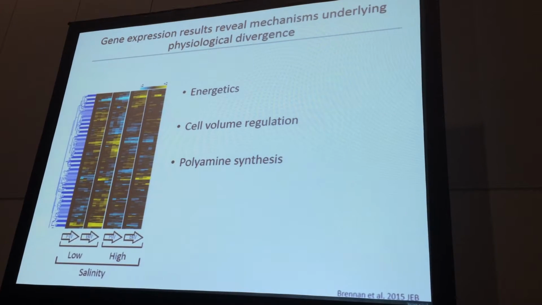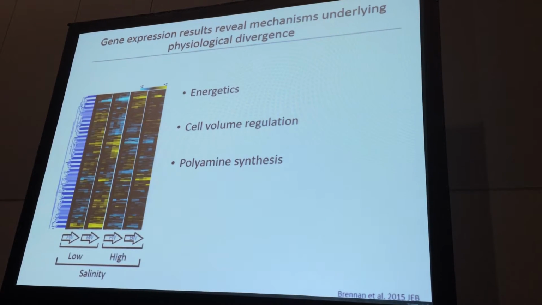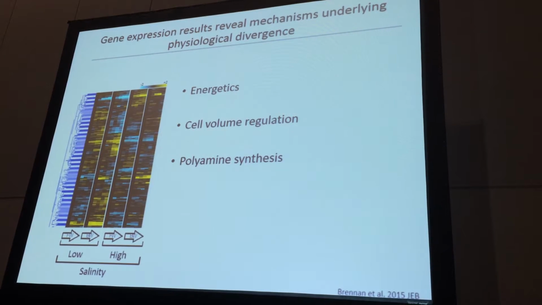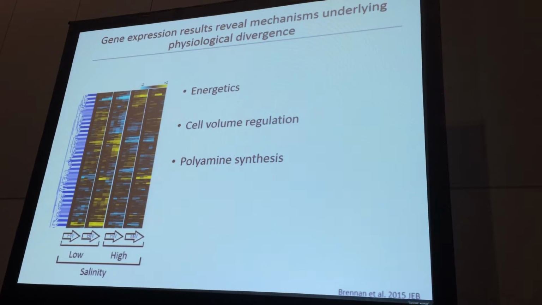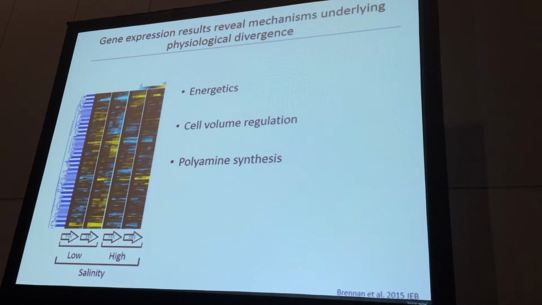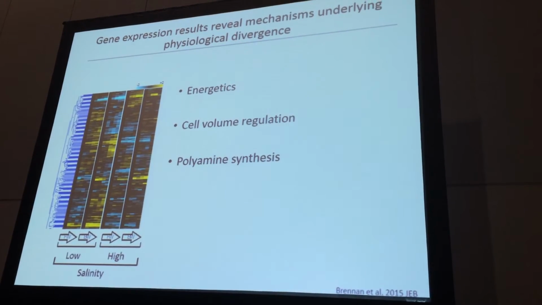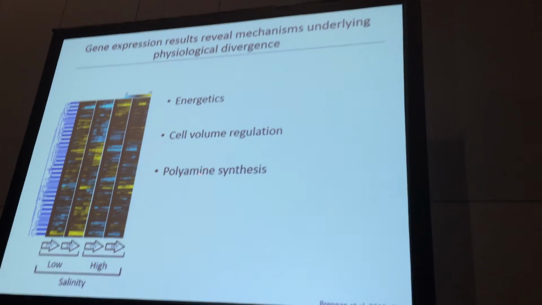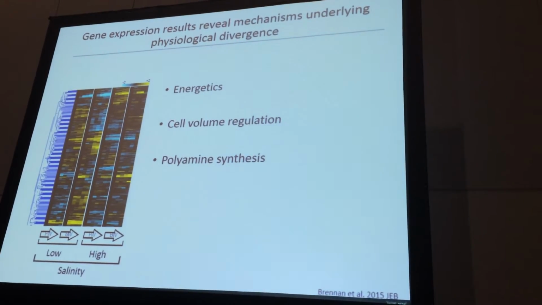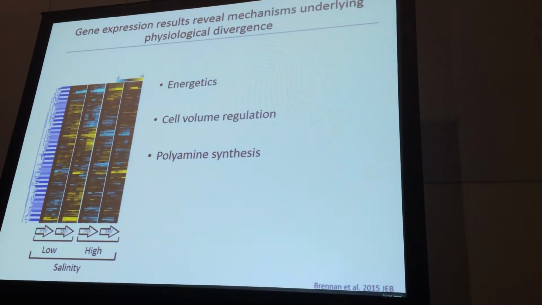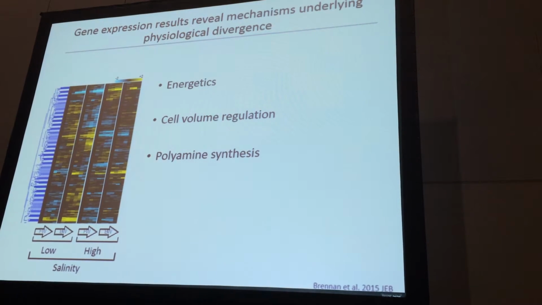Polyamines are interesting because they're an osmolyte, which buffers ionic changes within your blood, but they're also implicated in driving gill remodeling in response to salinity challenge. So of any of these, this is probably the most exciting one. And again, I'm happy to talk to anyone about more of the transcriptomics responses if you're interested.